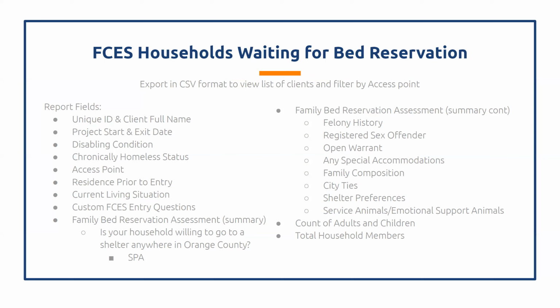And then we have some fields that are particular to the bed reservation assessment. So some of these fields include what SPA they're in, whether the client has a felony history, whether the client has an open warrant, any special accommodations, as well as information regarding their family composition, city ties, shelter preferences, and other information that's useful for the purpose of reviewing eligibility and preference towards different shelter programs.